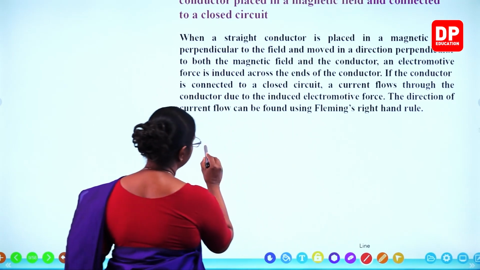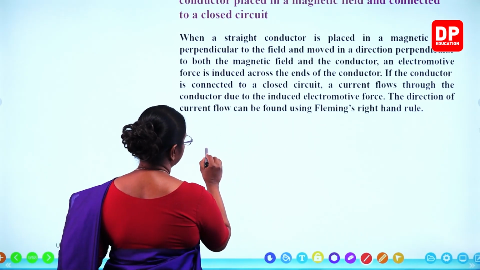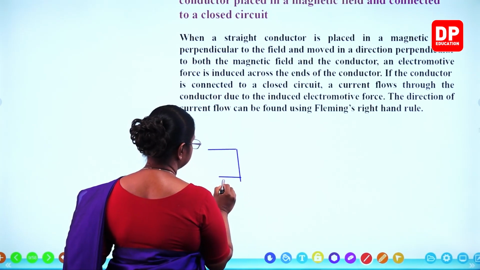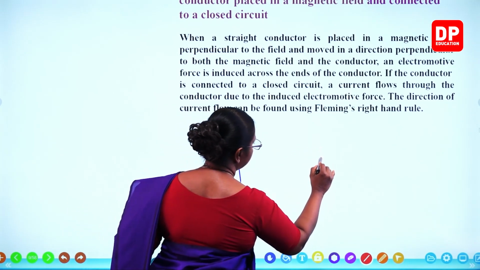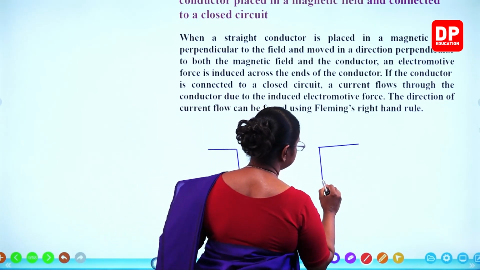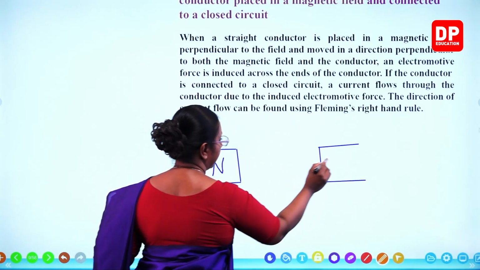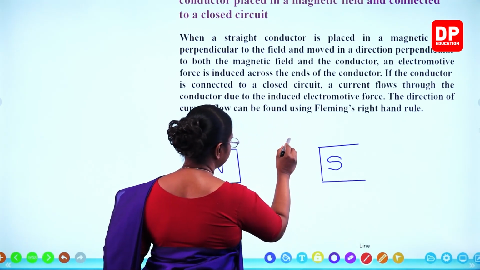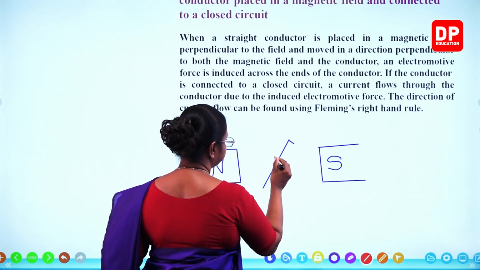if you have the magnet like that, here we have the magnetic poles. So let's say north and south. Then we have a conductor perpendicular to that.